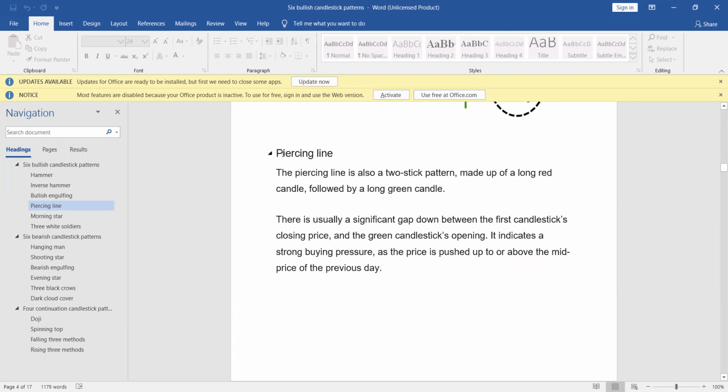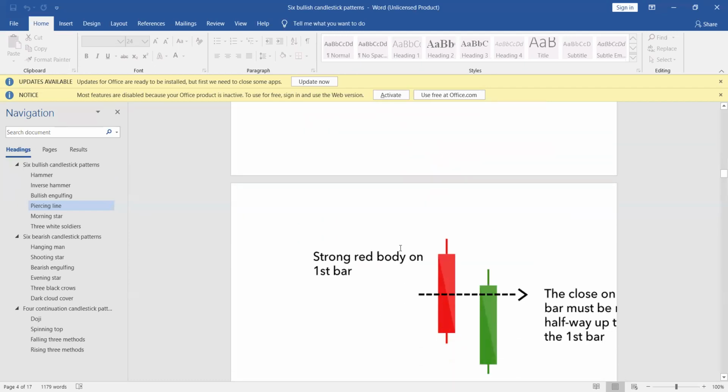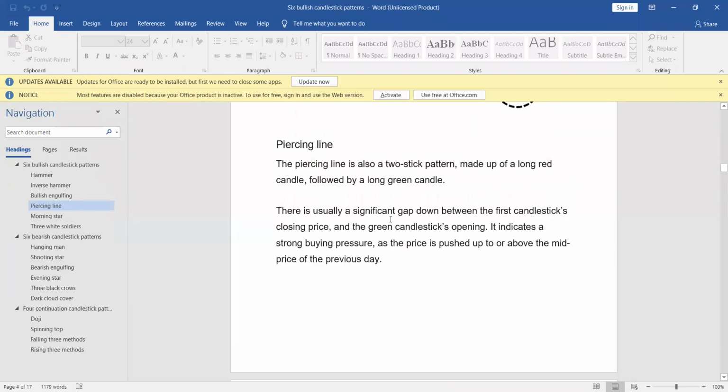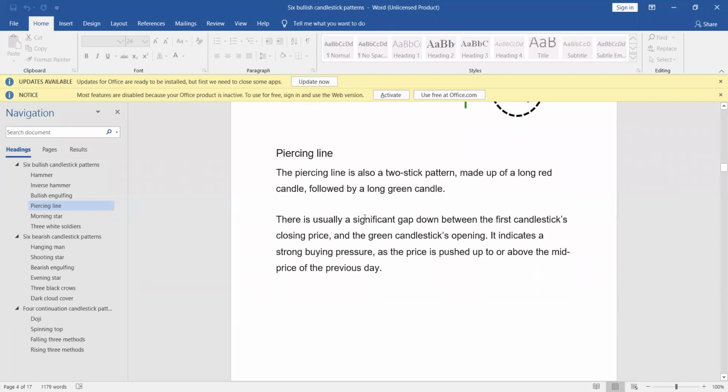So we have the piercing line. So this candlestick actually opens, or you find this candlestick, when a particular market session is opening. Like, let's say over the weekend, the next session of the market next week is opening, or maybe the market closes today, and then the next session of the market is opening.